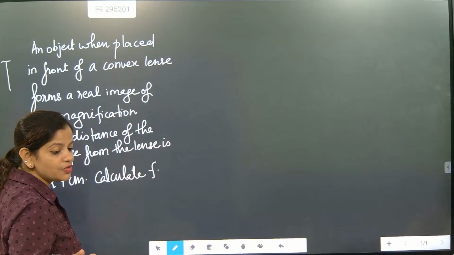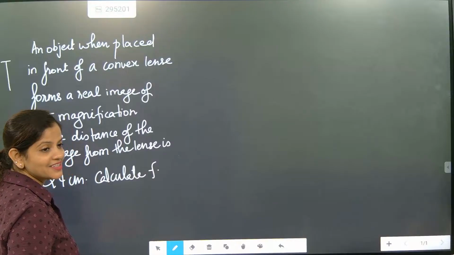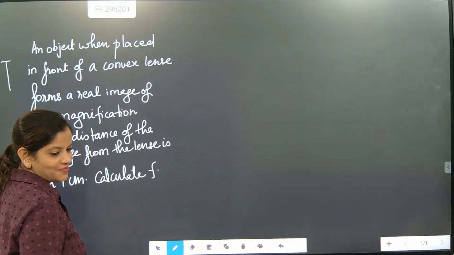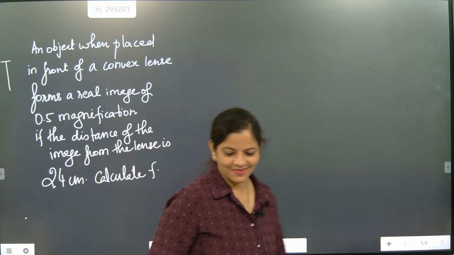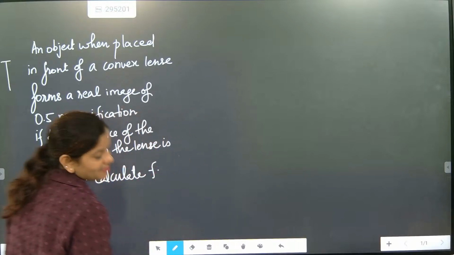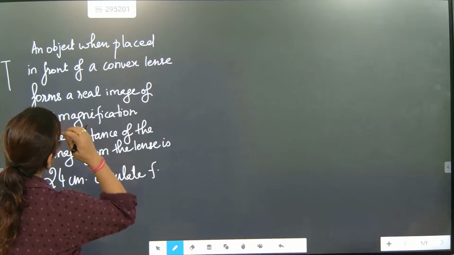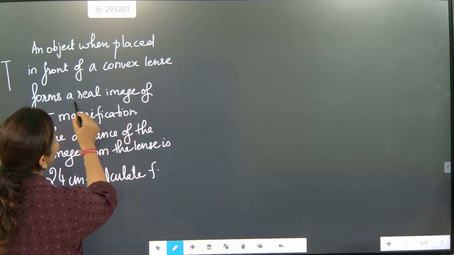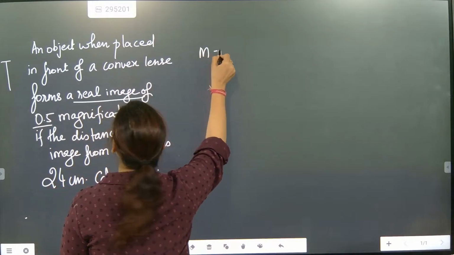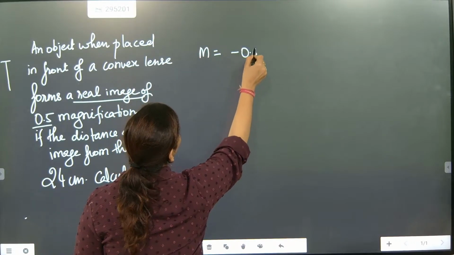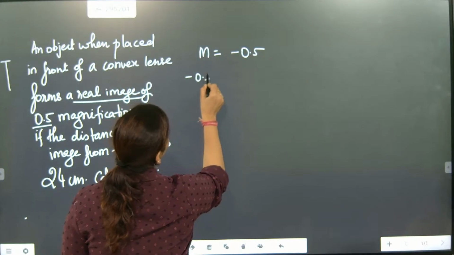Okay, Tarun is also telling the answer is coming 16. Understood? So now look here. Real image means what? Magnification will come how much? Minus 0.5. So minus 0.5, beta, what is the formula?